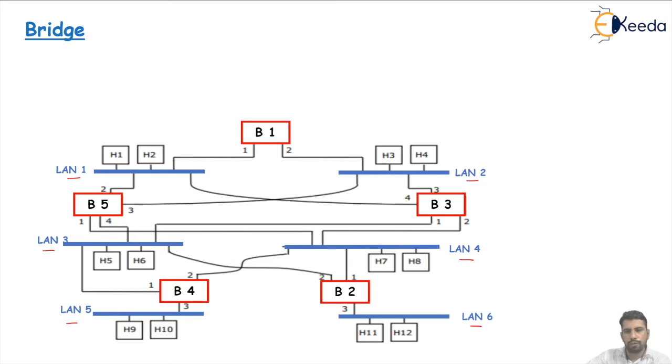And we have 5 corresponding bridges, bridge number 1 to bridge number 5, connecting these LANs, and their port numbers are mentioned here as 1, 2, 3, and 4. So let's see how we solve this looping problem here.